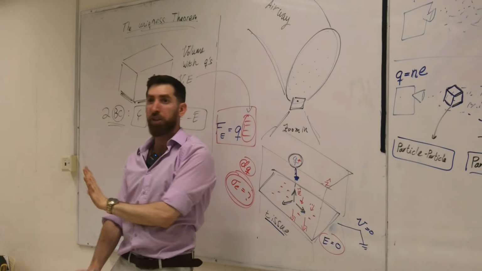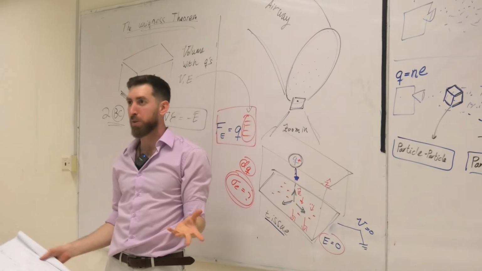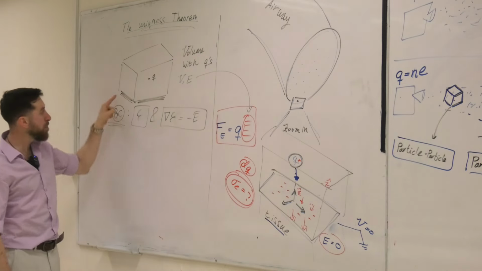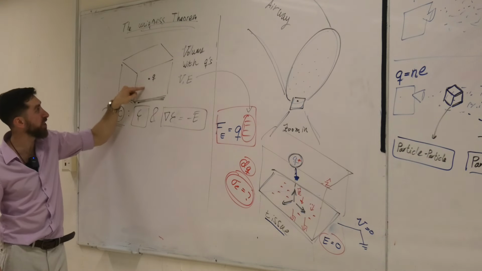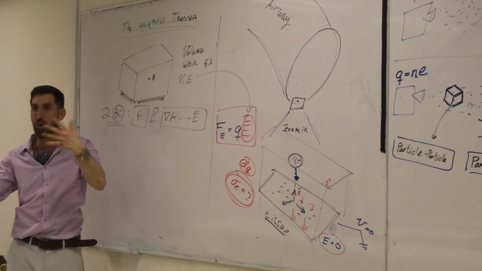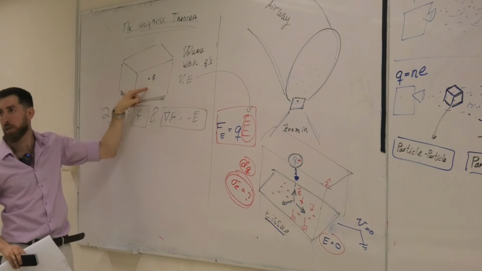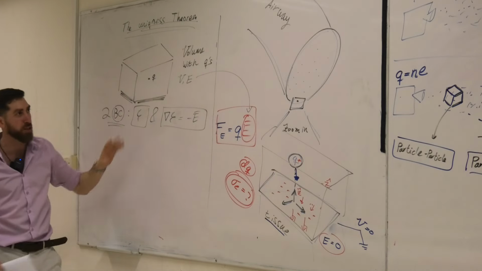You give me the boundary conditions, I cannot change the solution. The solution for Poisson equation, which is voltage or electric field, would be the same. So I don't want to solve this one. I want to solve an easier one.